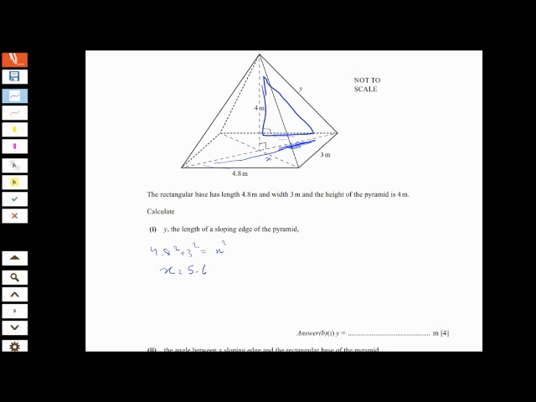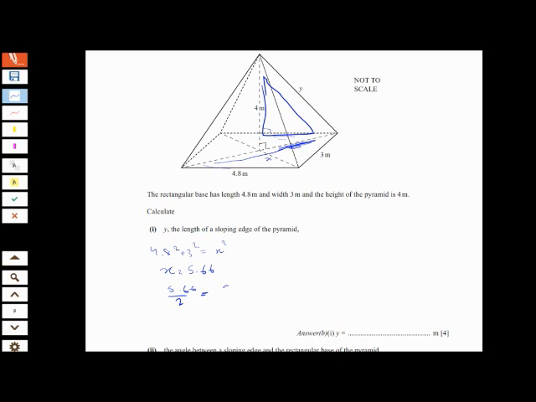Now we're going to divide that by 2 because we only want this one right here. So x, 5.66 divided by 2, that would equal 2.83.